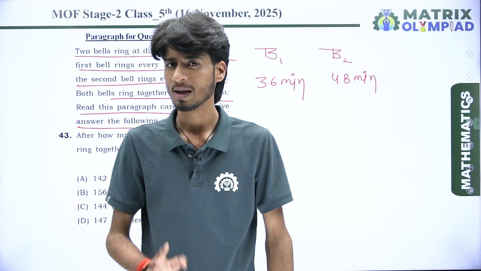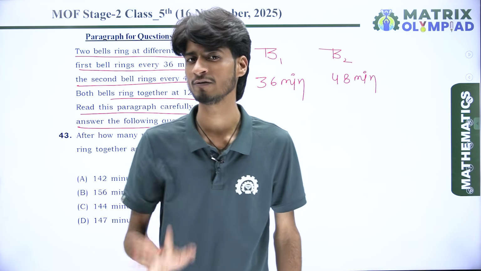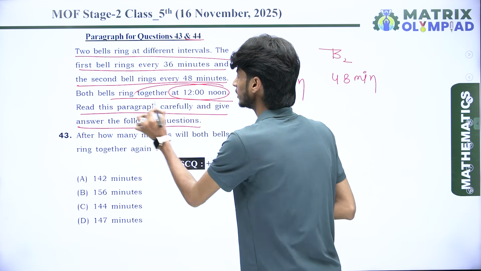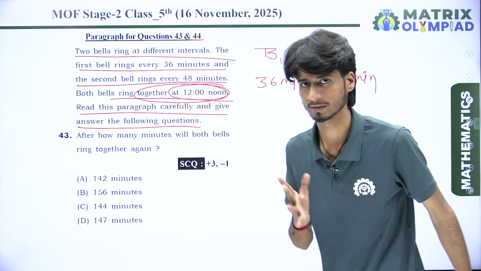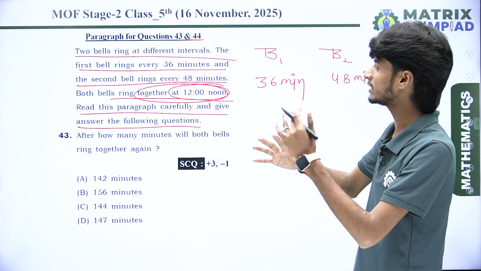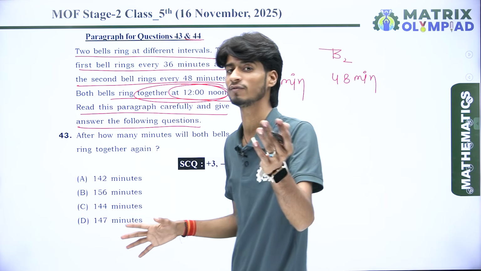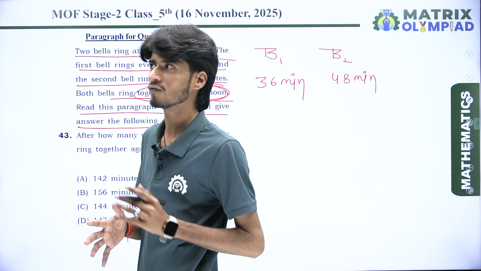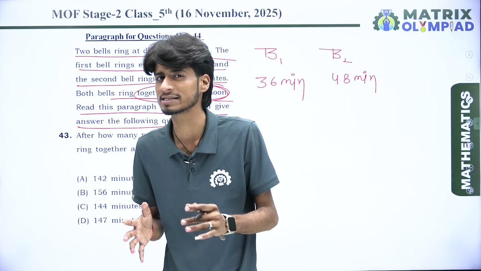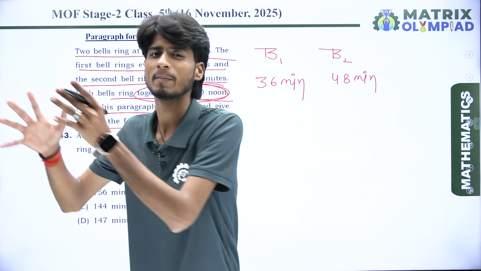According to the question, the bells are ringing together at 12 noon. Yes or no? And they ring at different intervals, which are 36 minutes and 48 minutes. So first of all, find the common time for both of them. And common time means lowest common multiple.